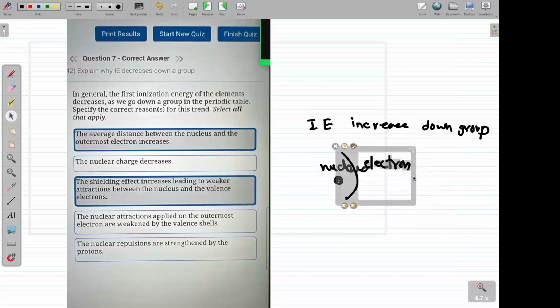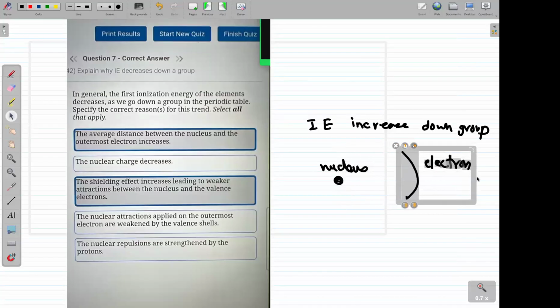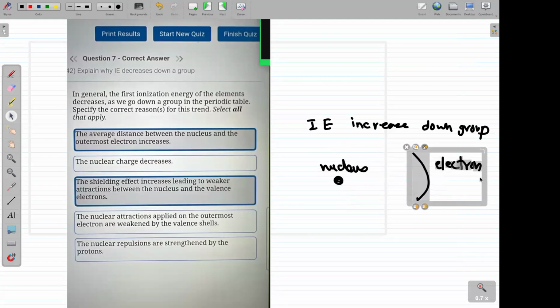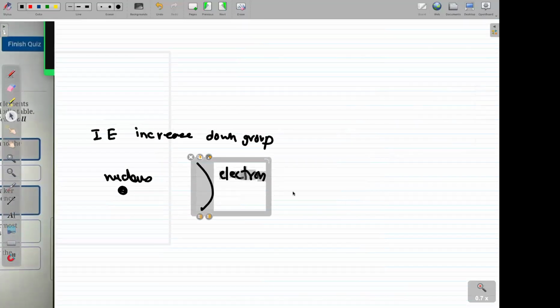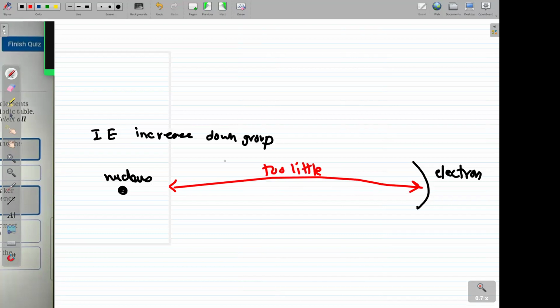So the ionization energy will be more. But the more you get away from the nucleus, the easier it is for us to remove you. Imagine that the electron is here. It's very easy to remove it. The attraction between this nucleus and the electron is too little. That's why the energy required to remove the electron will become less.